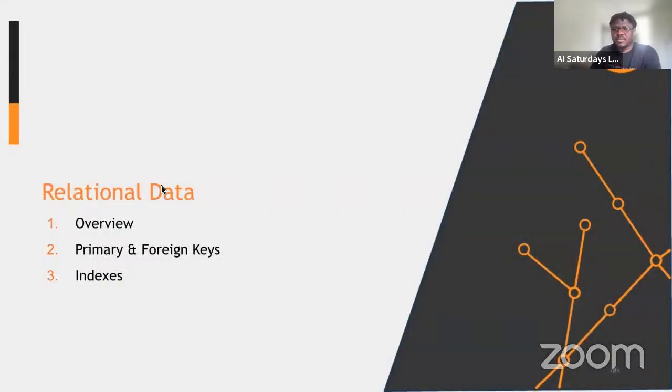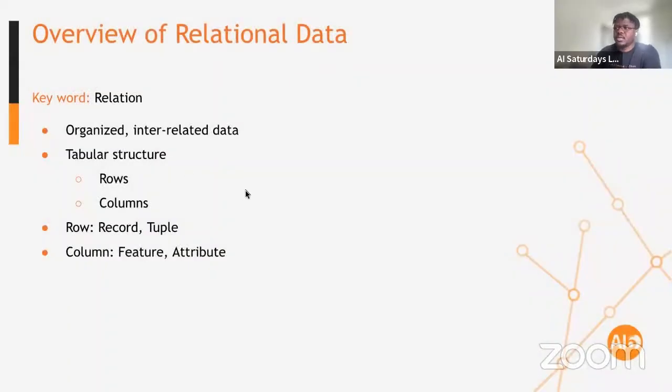Okay, so our first subsection would be relational data. A quick overview of what relational data is. Now, relational data clearly comes from the keyword, which is relation, showing some sort of connection between different entities.